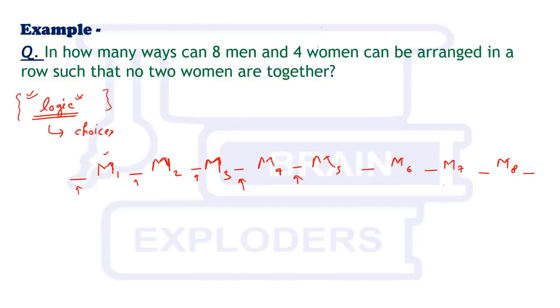For choice number 1, we have 8 factorial ways in which we can arrange the men in a specific order. Then for the second choice, here we have 1, 2, 3, 4, 5, 6, 7, 8, 9 places. From these 9 we will select 4 places for the arrangement of women. Now in these 4 places we can arrange the women in 4 factorial ways. So this is the answer.